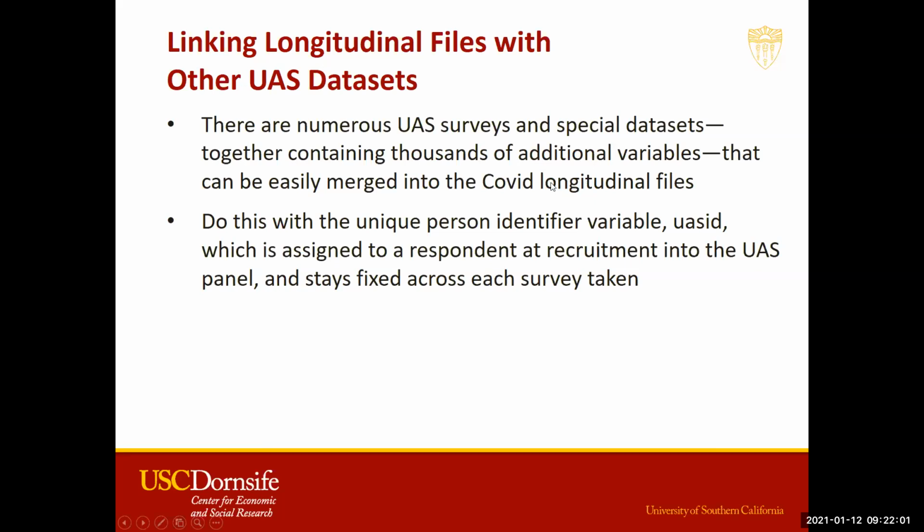So this is a really powerful thing that you can do with these longitudinal files in order to address a large number of research questions and really enrich what you're investigating. And this is implemented with the unique person identifier variable. The name of that is UASID, and it's assigned to each respondent at recruitment into the UAS panel, and it stays fixed across each survey that's taken.